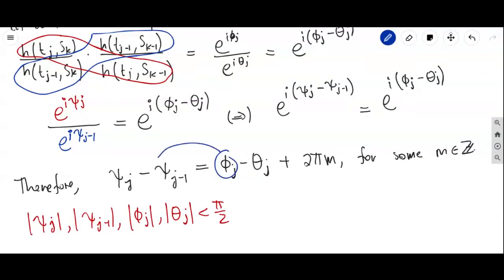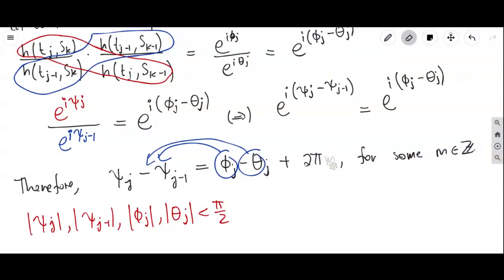If you were to move these over to the other side, and you were to use the triangle inequality, the maximum sum of all 4 of these cannot exceed 4 times pi over 2. So in absolute value, the sum of all 4 of these will be bounded by 2 pi. It has to be strictly smaller than 2 pi in absolute value.